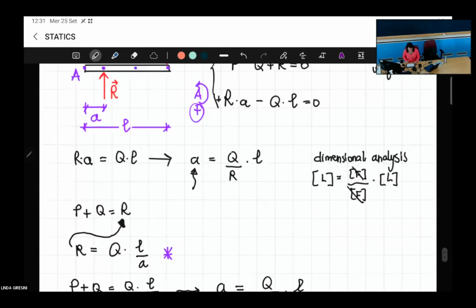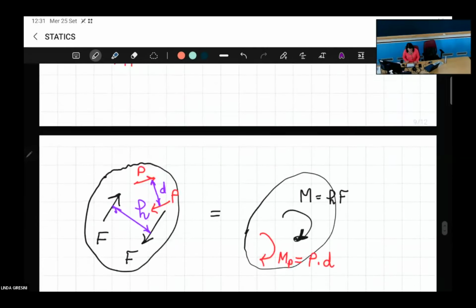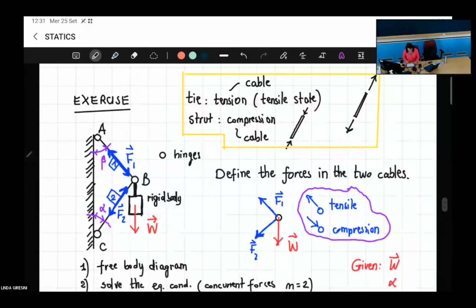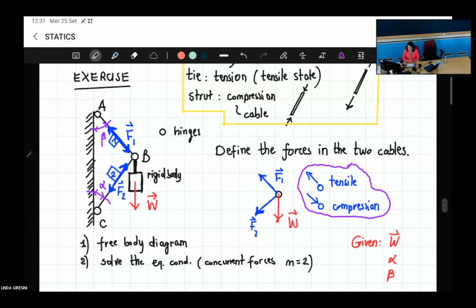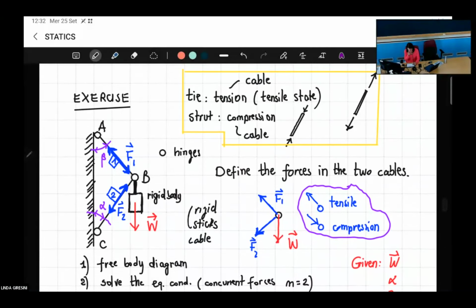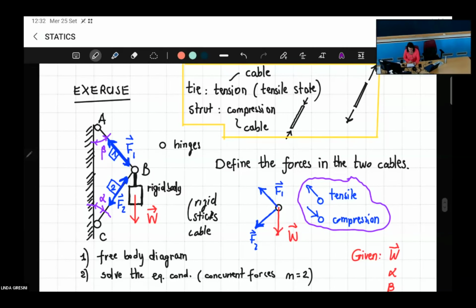Coming back to the exercise assigned for the next time. What I would like to point out is that these two elements, AB and BC, are like rigid sticks. Your friend told me that generally you intend cables as elements only working in tension, which is true also in my experience.